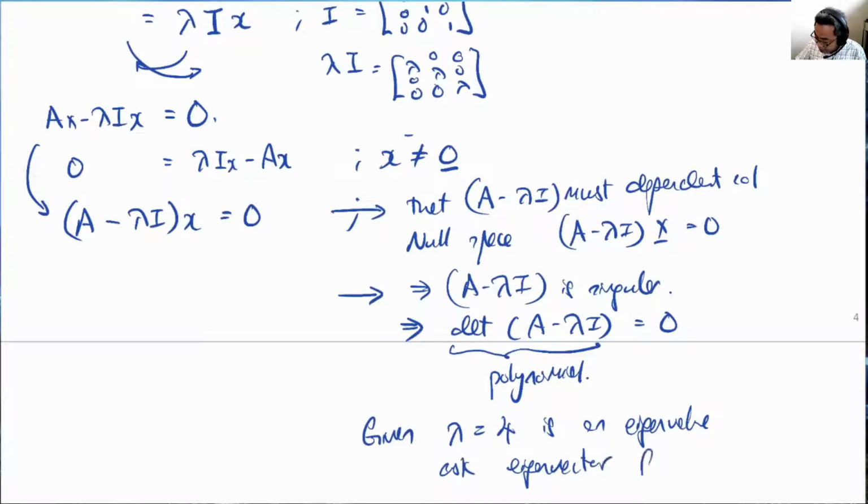So this question is much simpler. We're not solving all the eigenvalues from the characteristic equation. The determinant of A minus lambda I will generate the characteristic equation. Alright, let's proceed.